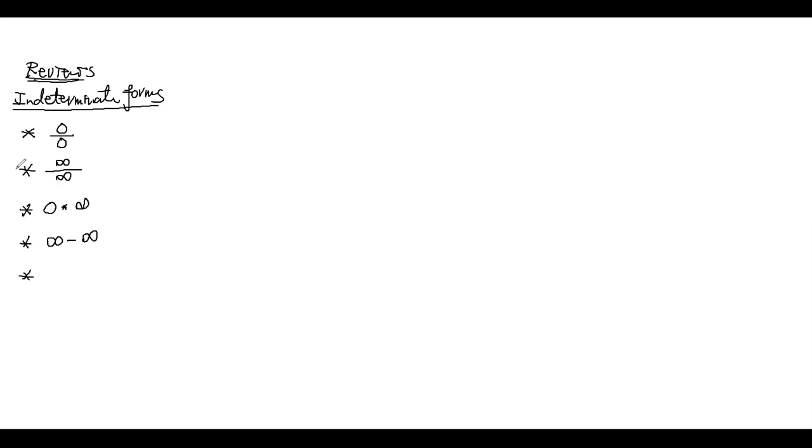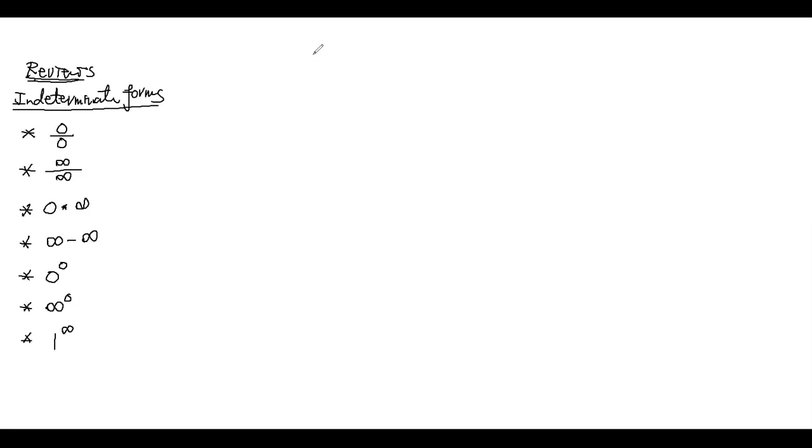Then for the exponent ones, we have 0 to the 0 power, which is indeterminate, then infinity to the 0 power, and then 1 to the infinity power. So we have these 7 indeterminate forms, and then we'll be able to use L'Hopital's rule to help us.